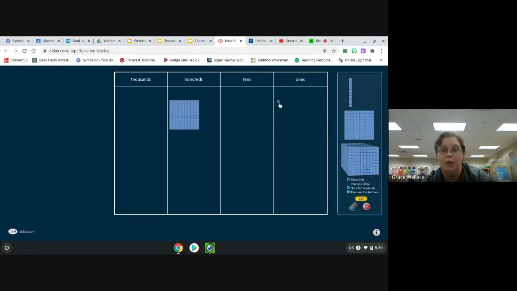We need 100 ones, right? If 10 ones makes 1 ten and 20 ones makes 2 tens, 30 ones make 3 tens, eventually 100 ones make 10 tens, which also make 100. So play around with that. Play around with making different types of hundreds with ones and tens.